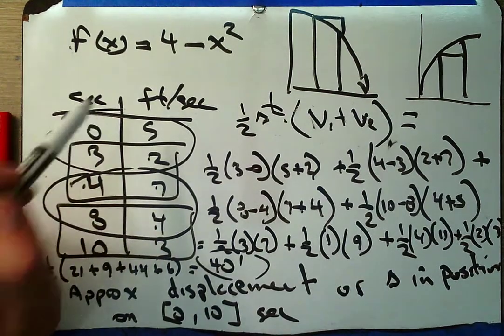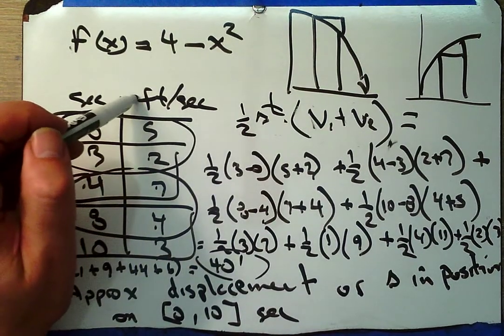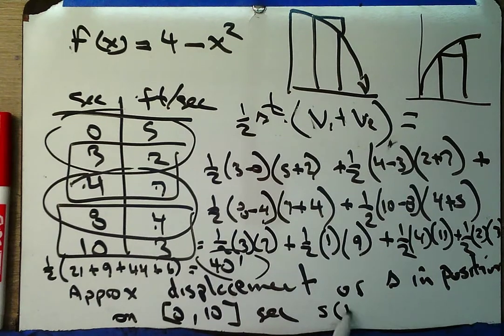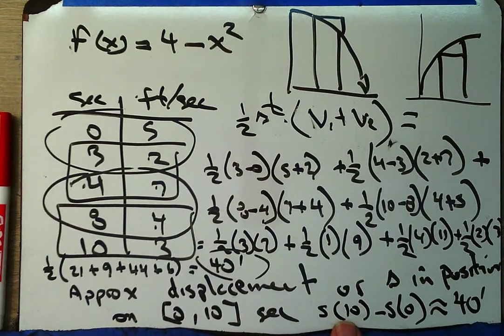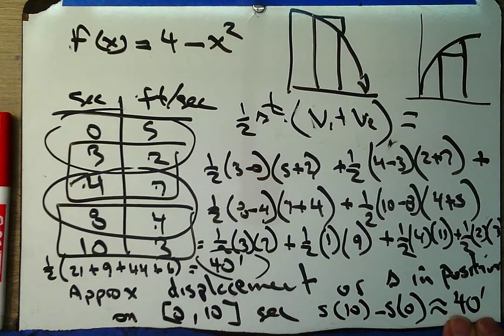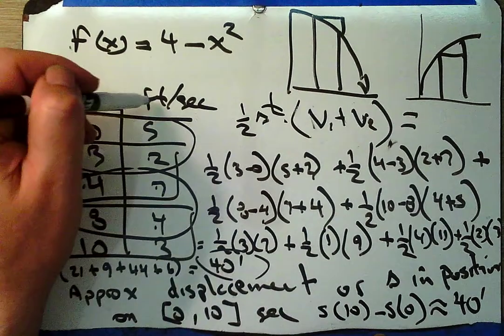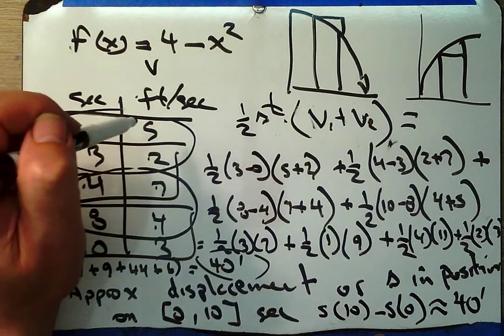Notice I'm not using the position function. I'm not doing s of 10 minus s of 0. That's what we're computing here. We're saying that the position at 10 minus the position at 0, the change in position, is about 40 feet. But this isn't position. This is velocity.